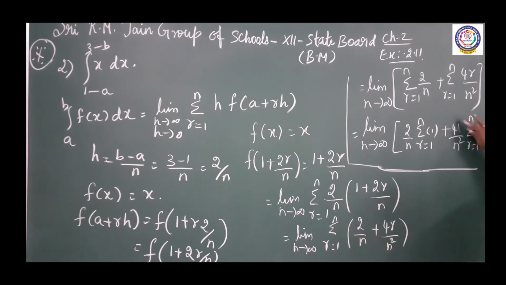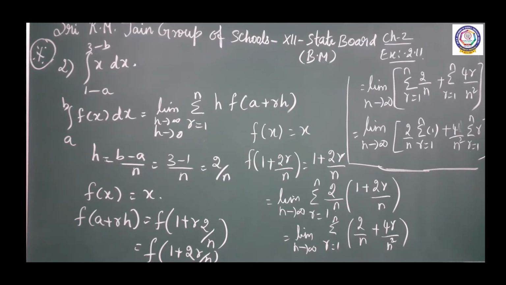4 by n square, you can take it out, r. Sigma r equal to 1 to n, r.